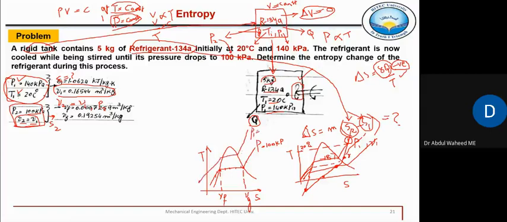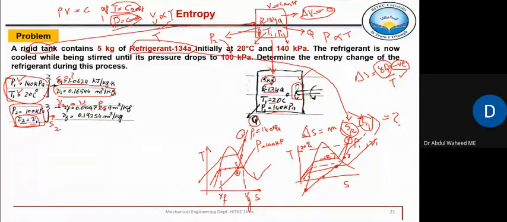This was P1, the 140 kilopascal line. Point 1 is in this superheated region. Now point 2 is somewhere in the mixture region, which we have just seen. So there will be a constant volume line like this one. It follows a constant volume line, and this is point 2 in the mixture region. That is the TS diagram of that question.